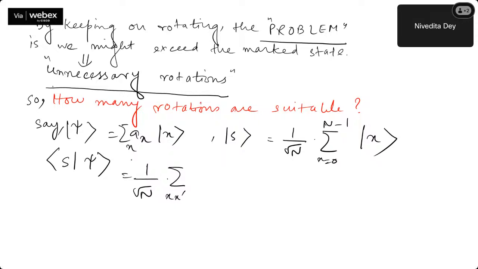Both are the same because in both cases I have X and X. So I'm just taking one to be X and one to be X bar. And this is A_X times X followed by X bar. I hope this is very clear, because both cases are X. That is why I have taken one to be X itself and another to be X bar. And since this is ket bra S times ket psi.